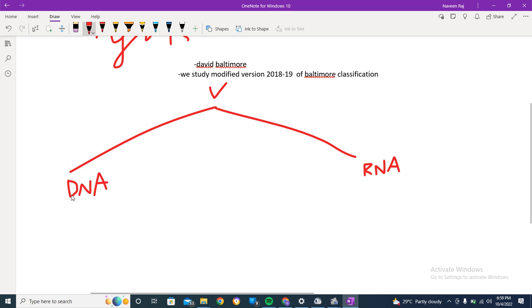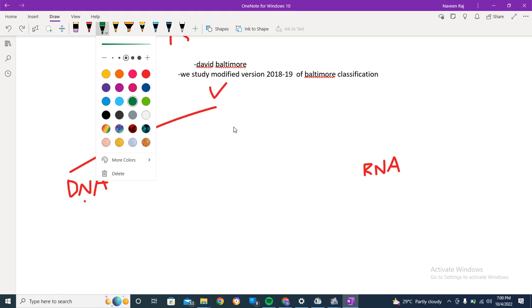Furthermore, DNA has two classes. Let me mark this in a different color to make you guys understand.